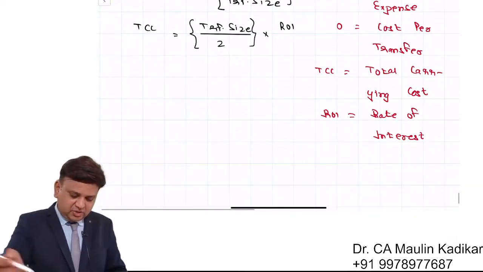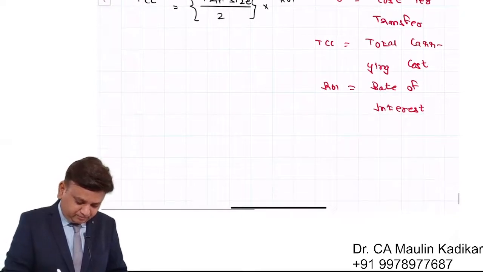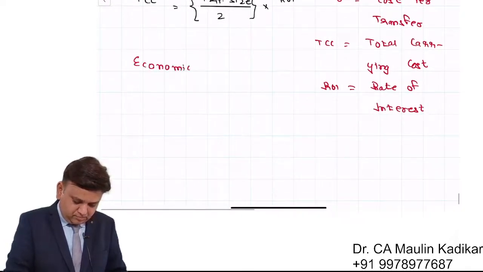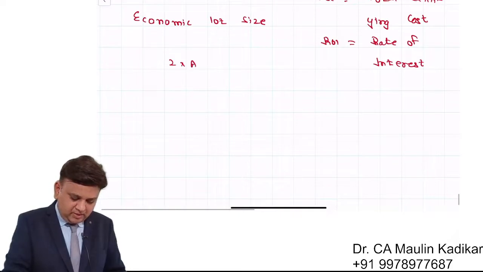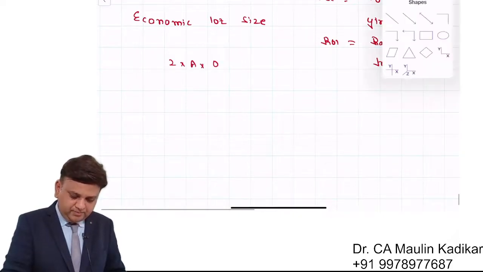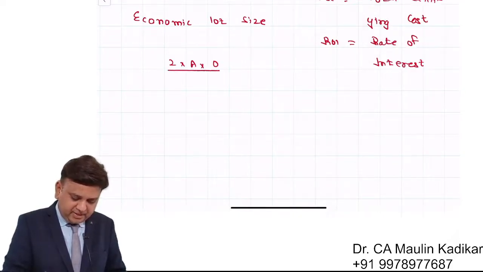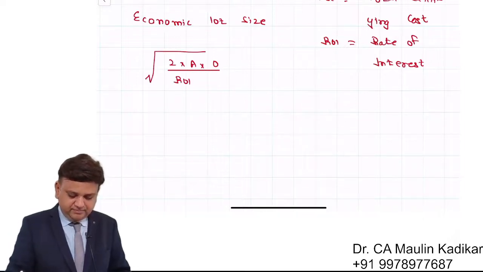And the last is economic lot size. It is calculated as 2 into A into O divided by rate of interest and under root of the same.